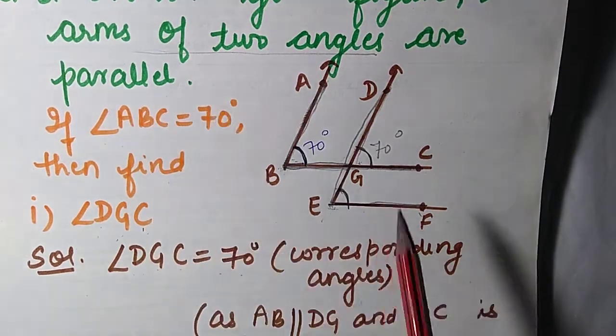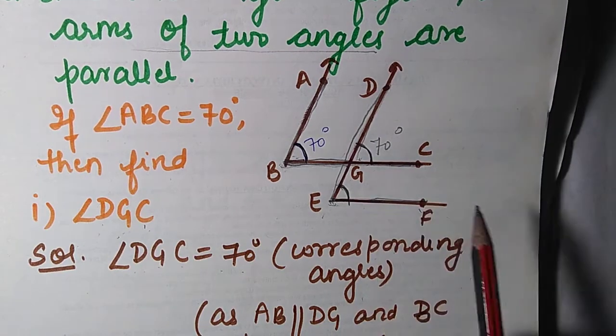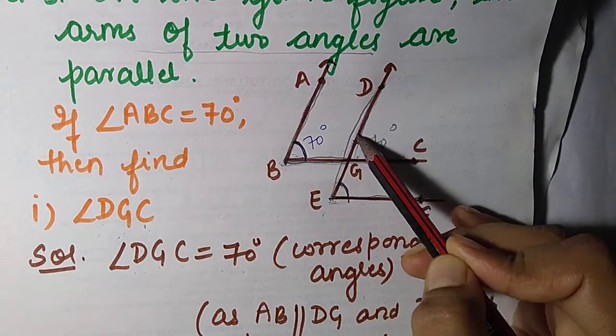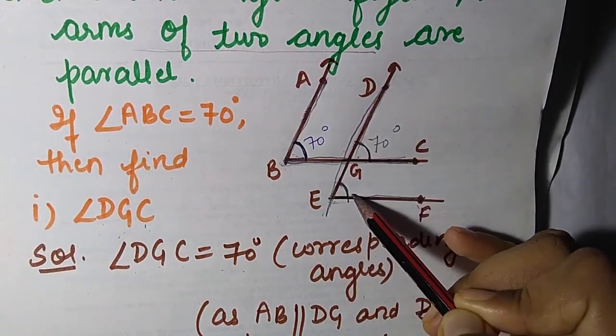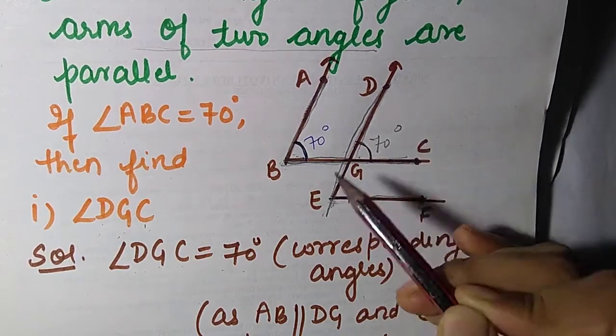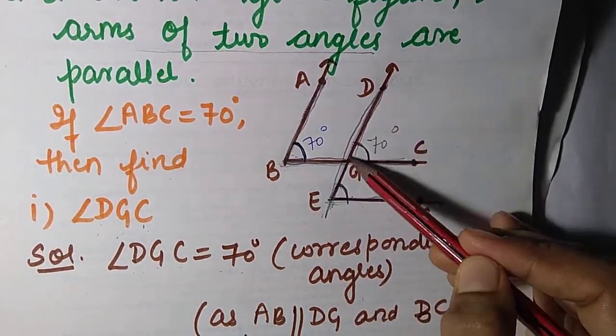That simply means BC is parallel to EF. These two are parallel lines and this line is intersecting these two lines. In this case, this line DE is intersecting these two lines, so it means this is a transversal.